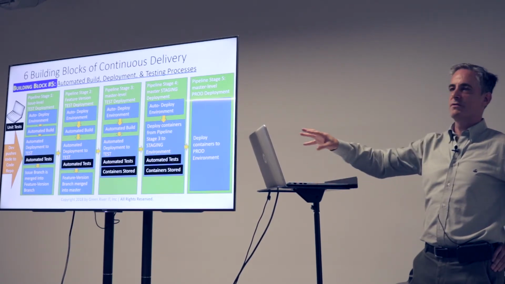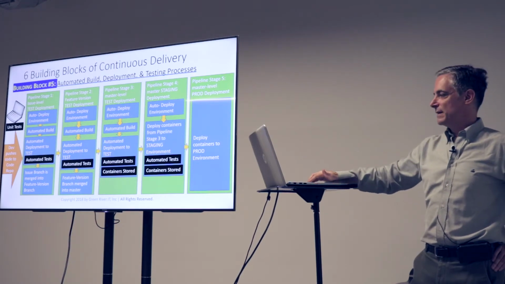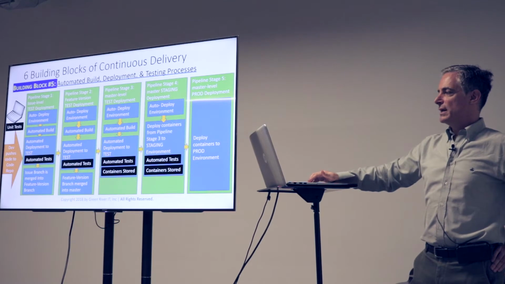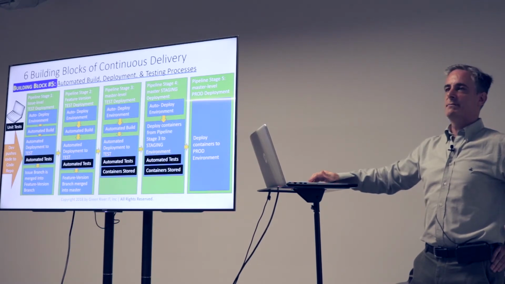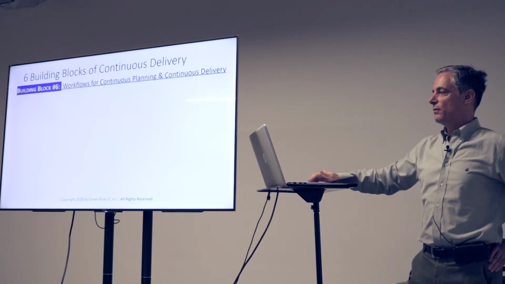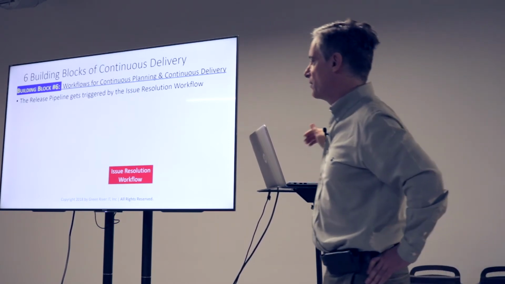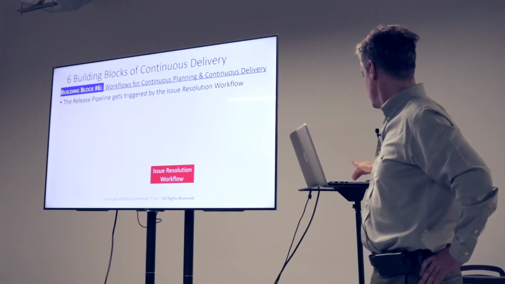And you're seeing that in order for continuous delivery to happen, we've got all these automated processes. And it's not that hard. It just needs to happen and be structured, and people need to be engaged in thinking about it. So then we need workflows in order for this to happen. And where the rubber meets the road is the issue resolution workflow.